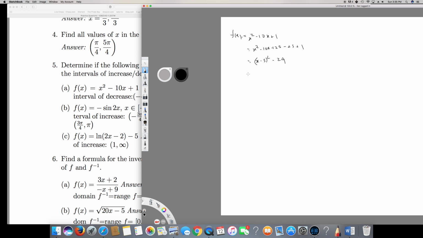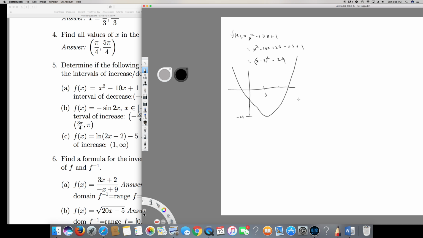It's x minus 5, so it's moving 5 units to the right, and minus 24 means 24 units down. So this is my vertex, at 5 and minus 24, and the graph is going to be like this.